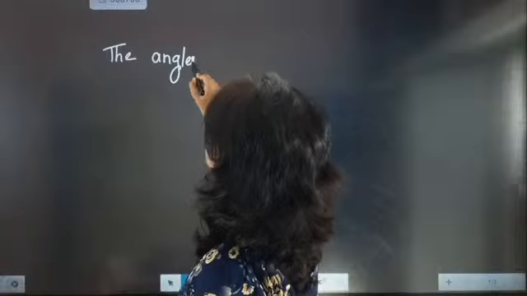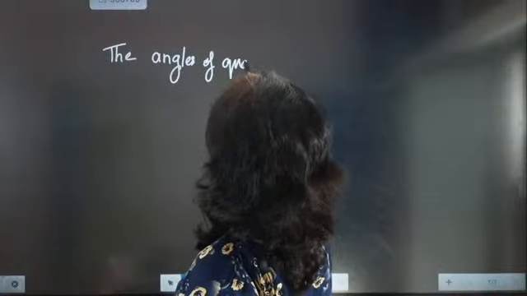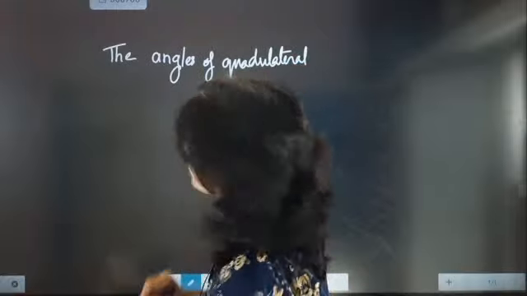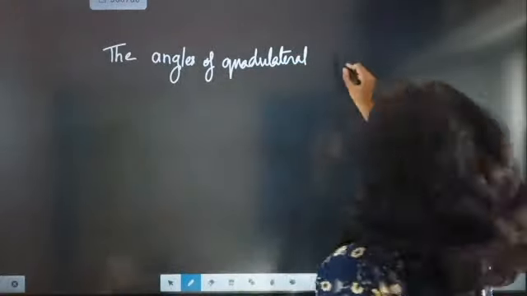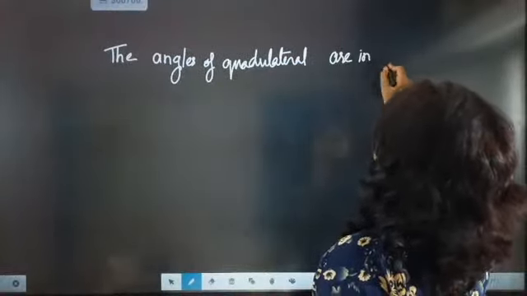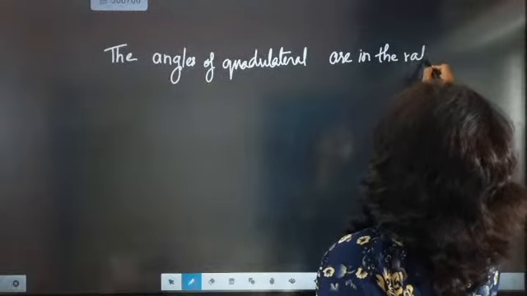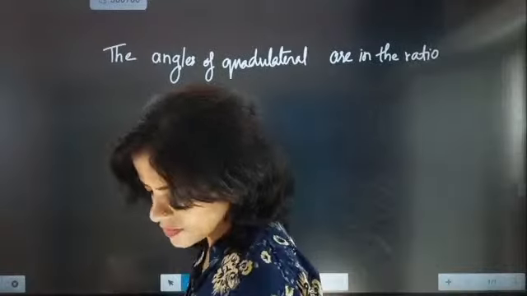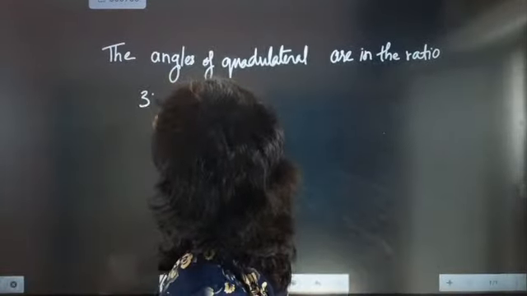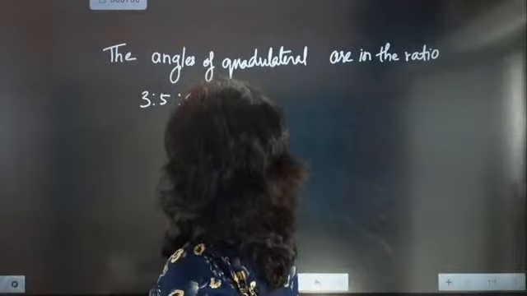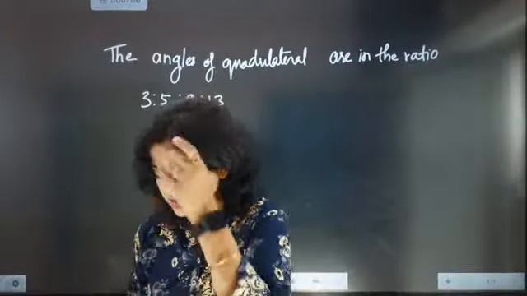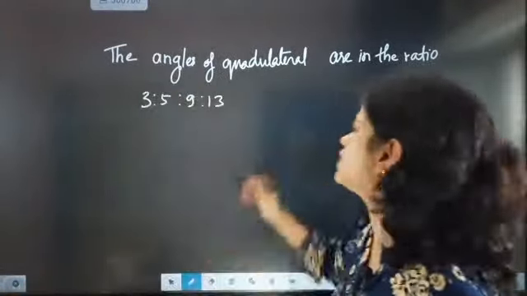The angles of a quadrilateral are in the ratio 3:5:9:13. Find the angles of the quadrilateral.